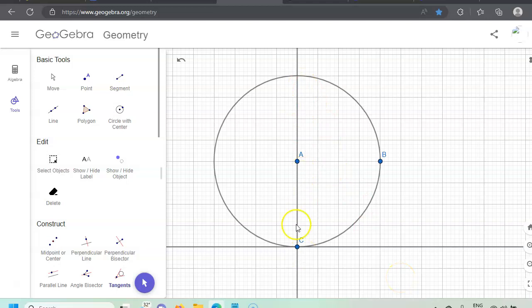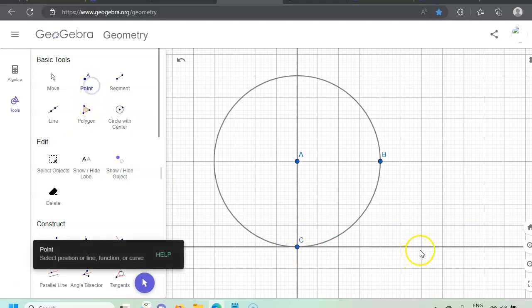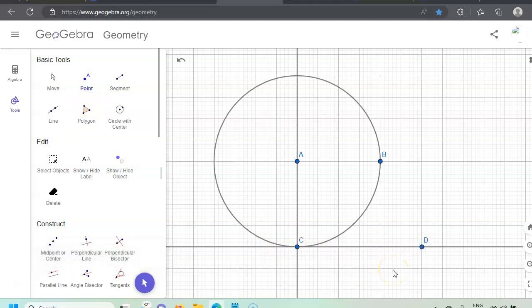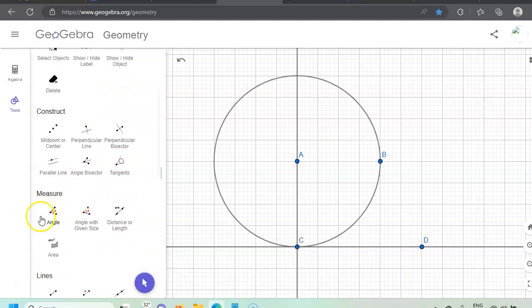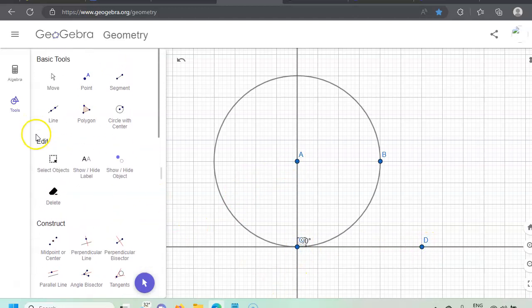The line that passes through the point of contact is perpendicular to the tangent line. So here's the point D here. And then here's the visual proof. Again, perpendicular lines form a right angle. So we have here the right angle.